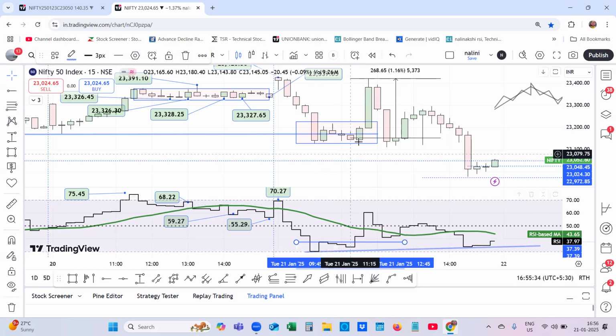So price is not showing anything very bullish because it is in the range. Neither has it made a higher high or anything. It has not gone to this level, 23,217.70, and the high was made 23,205.